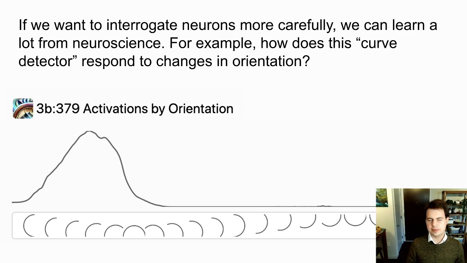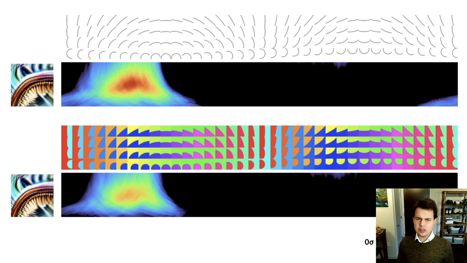In neuroscience, when you have neurons like this, people are very often interested in seeing tuning curves, where you show a bunch of synthetic stimuli, and maybe one thing you might ask is, how does it change if we rotate the curve, if we change the orientation? And here we can see that it's got a nice bump around its preferred orientation, and then stops firing.